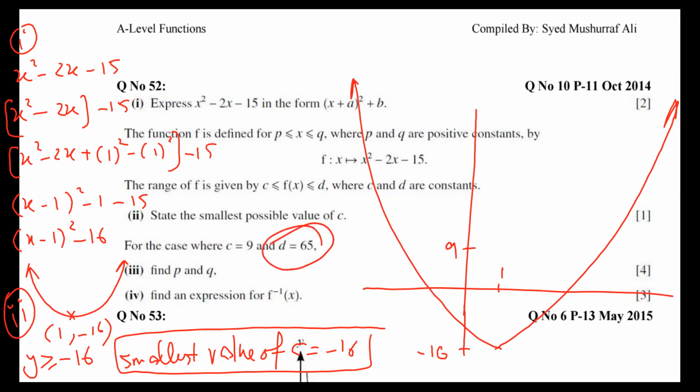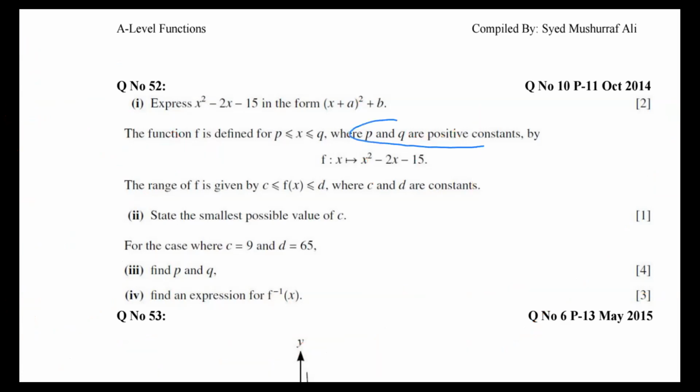And 65, let's see here. So the lowest y value is 9, the highest y value is 65. So I have to restrict, and let me show you. From here, I go on the graph and check it here. This is my target. And why, sir? Look here, P and Q are positive constants.